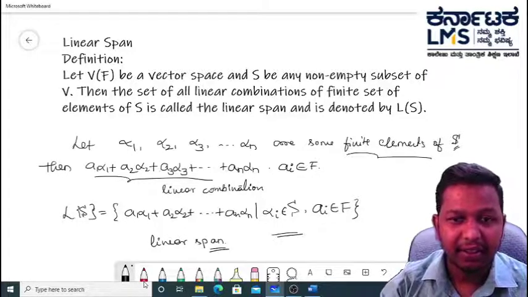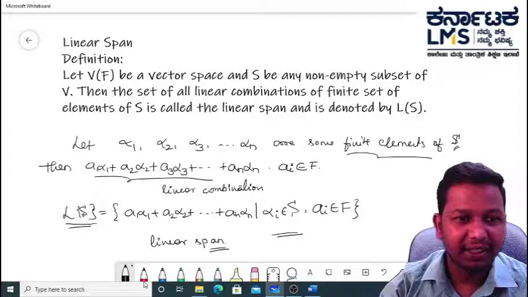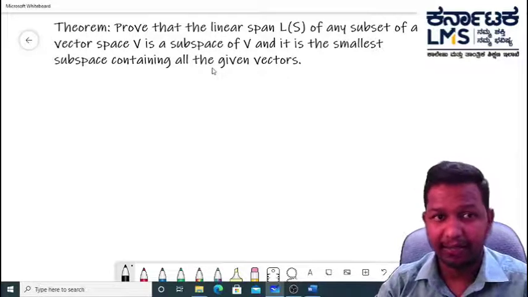Standardly we denote that as capital L within brackets capital S, the linear span L of S.